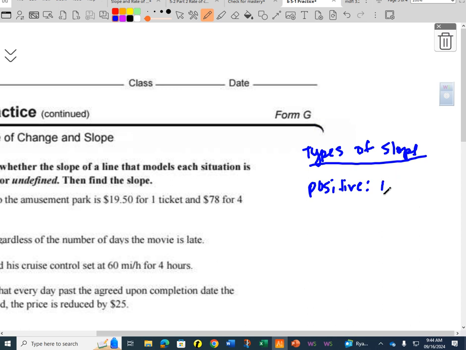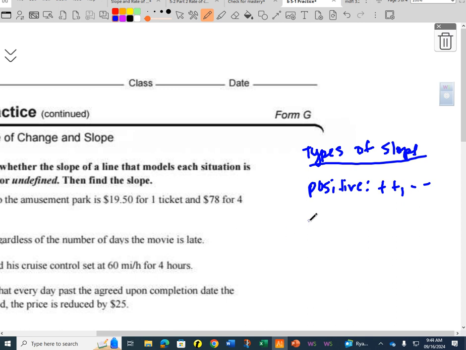So an increase and an increase is a positive slope. But a decrease and a decrease is also a positive slope. Think about the fact that a negative times a negative is a positive, right? Positive times a positive is positive, and a negative times a negative is also positive.